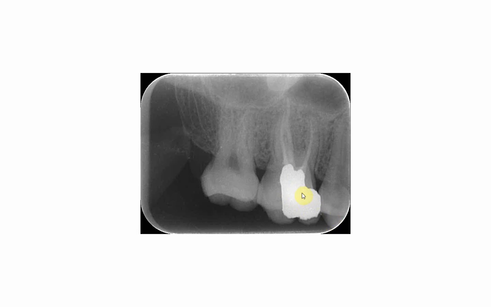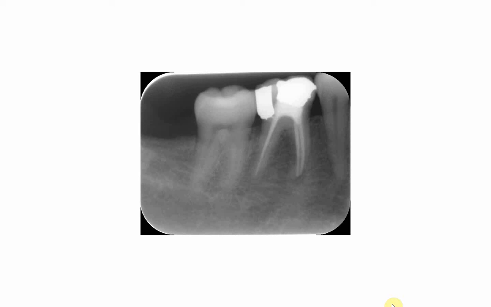Compare the radio opacity of the amalgam to that of enamel. Of course, it's much higher. Compare it also to the radio opacity of the gutta percha of the filled tooth. Here we cannot see the liner, either because of superimposition or because there is no liner at all. It's just an amalgam filling placed into the pulp chamber.